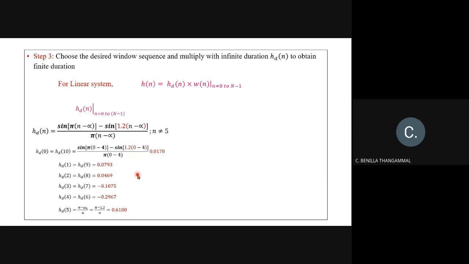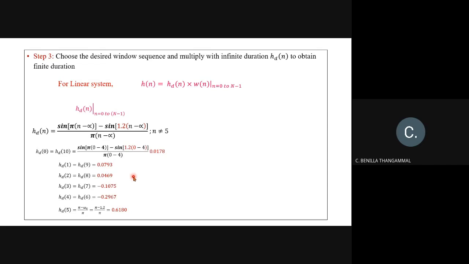Now press your calculate button. Now just replace your A value as 1, 2, 3, 4, 5, 6, 7, 8, 9, 10 and get its corresponding value. For the n equal to alpha case alone, you have to use your formula (pi minus omega c) by pi.